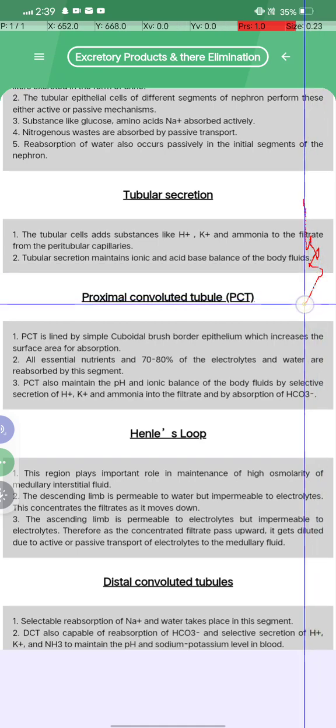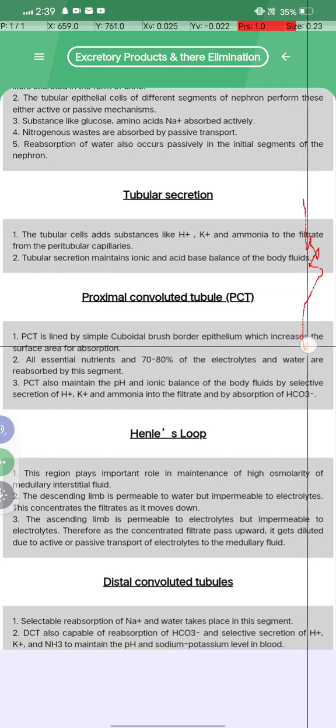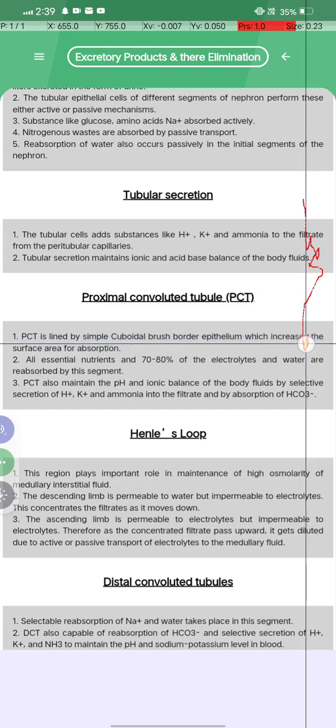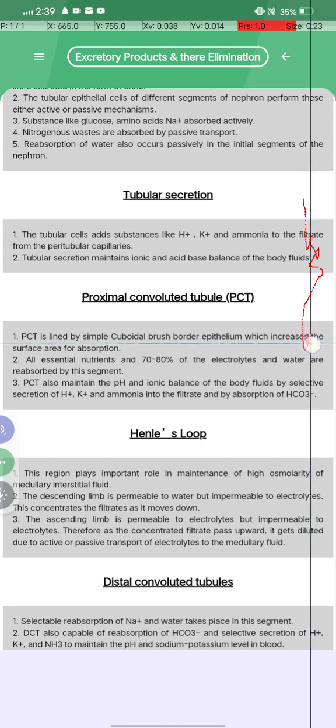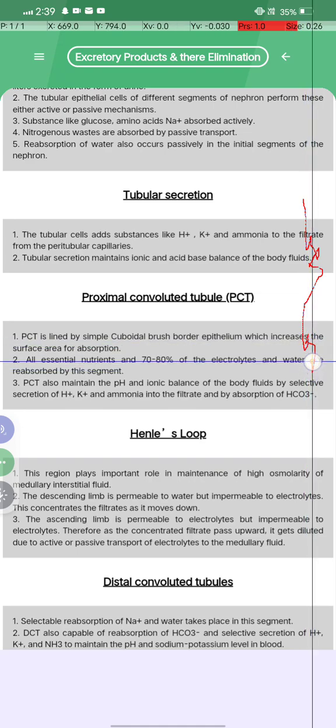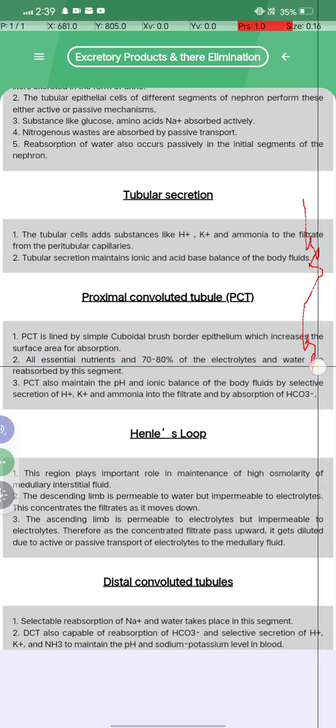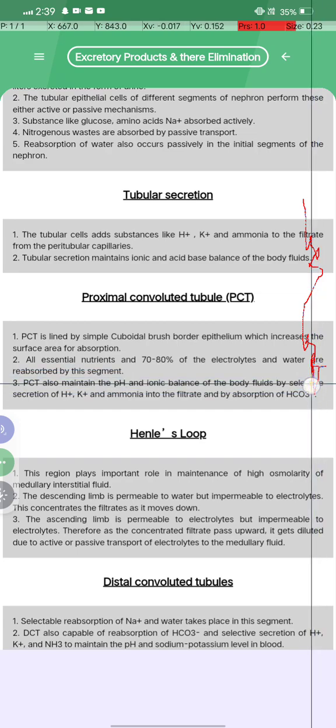Proximal convoluted tubule, PCT. PCT is lined by simple cuboidal brush border epithelium, which increases the surface area of absorption. All essential nutrients and 70 to 80% of electrolytes and water are reabsorbed by this segment.